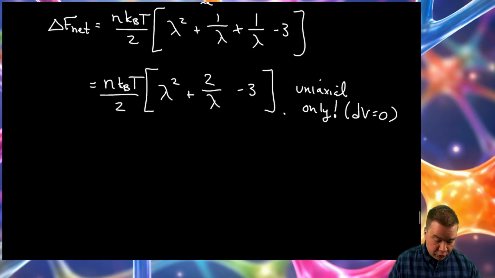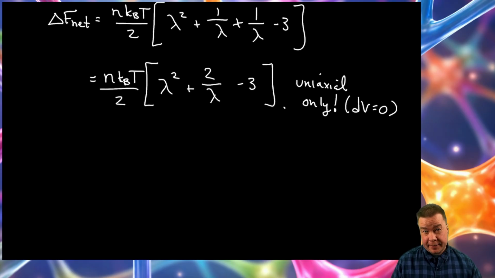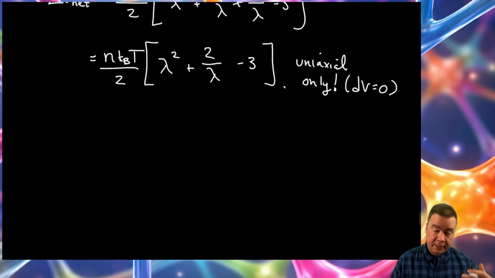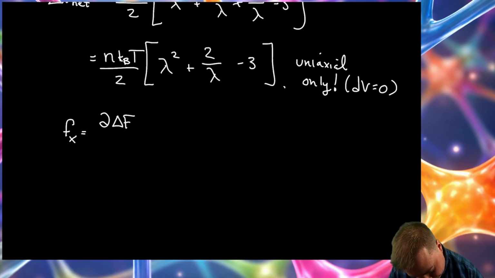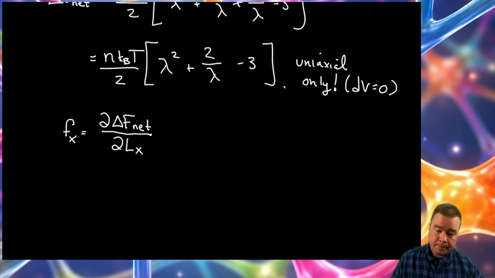And now, again, we're trying to see how much our material is resisting this deformation. So we really want to see how much force it's pulling back with. And so the force in the x direction is going to be the derivative of delta F for the network with respect to L in the x direction.